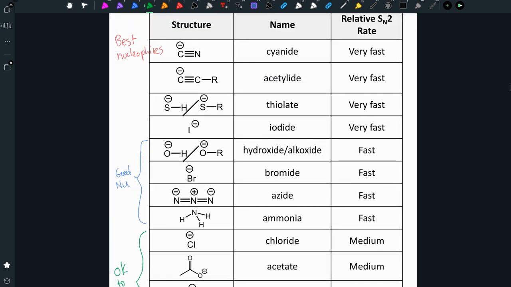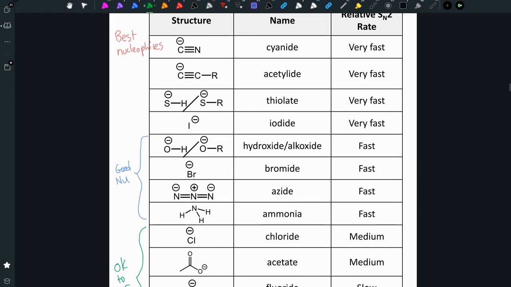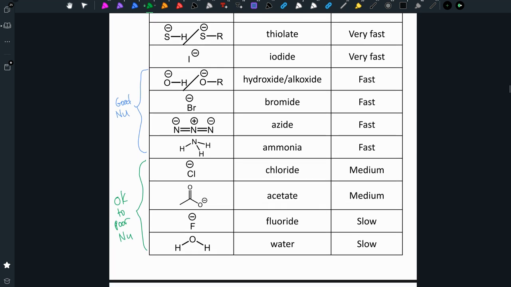Notice the ones at the top all have negative charge, which makes their lone pairs higher. They have carbon with a negative charge, so a really high energy lone pair. Then you see sulfur, iodine, oxygen. Things with higher energy lone pairs are generally better nucleophiles.